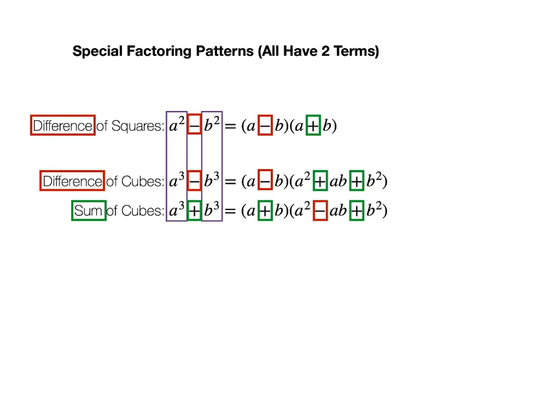So the next slide, I've got a few. This slide really tries to highlight some of the similarities and differences between all of these formulas. So the ones that have reds on them, okay, the red indicates it's a difference, and I've highlighted the spot in the original formula, so this is an a squared minus b squared, difference of 2 squares, and this is an a cubed minus b cubed. But what I want you to look at is the formulas over here.